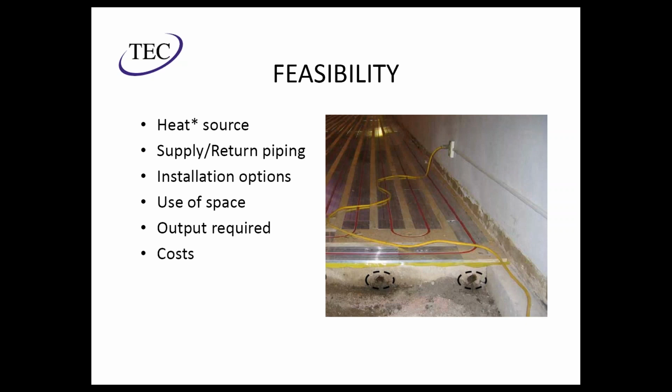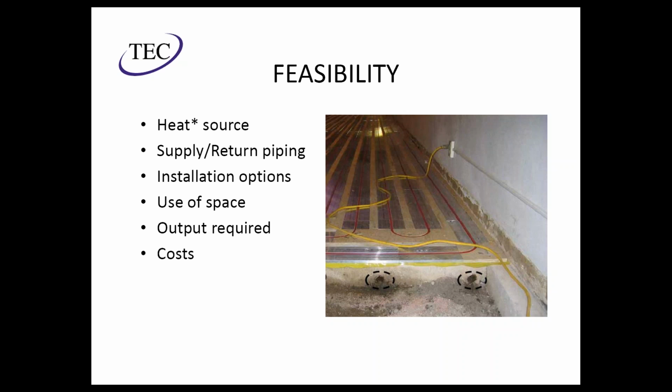The first thing to really analyze when you're looking at a radiant system, or someone tells you that they want a radiant system or they want warm floors, is to examine the feasibility of the installation. My first note here has to do with the heat source. Obviously radiant can be used for cooling as well, and snow melts.